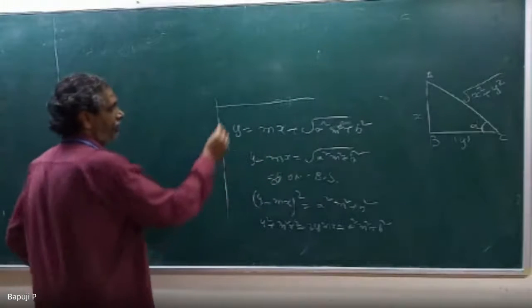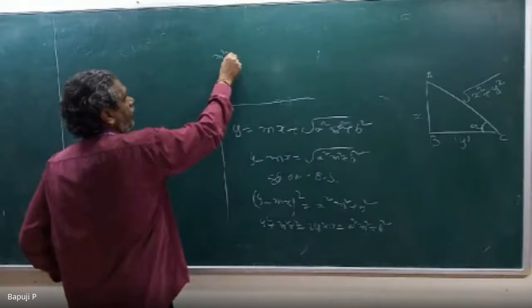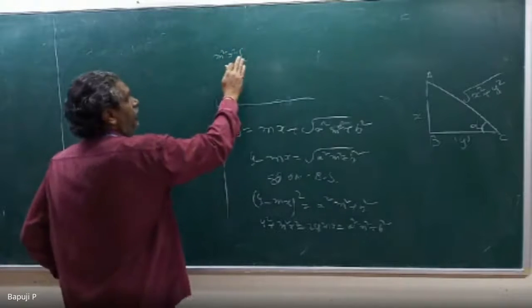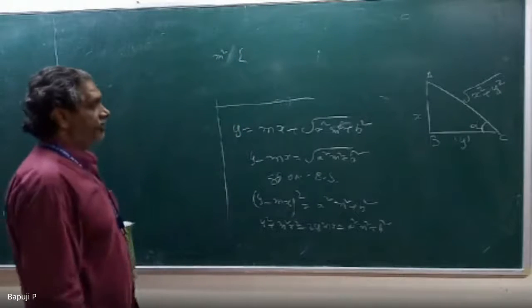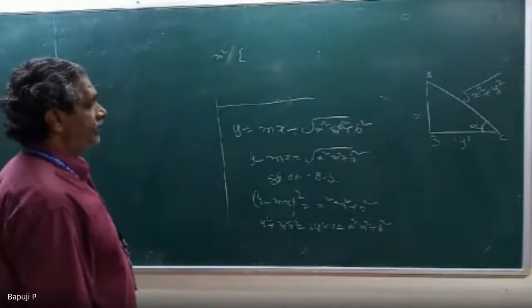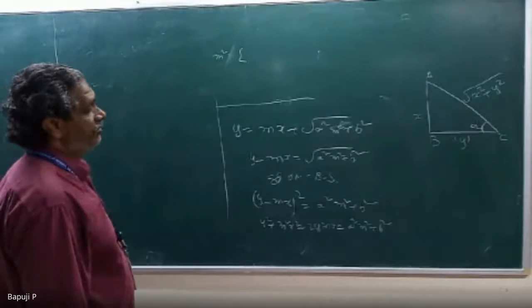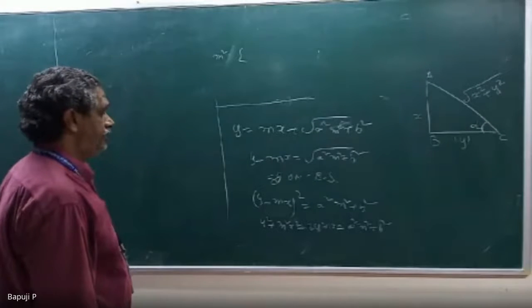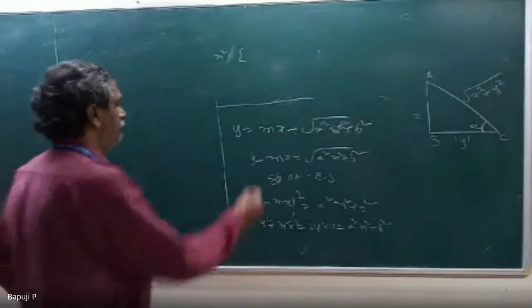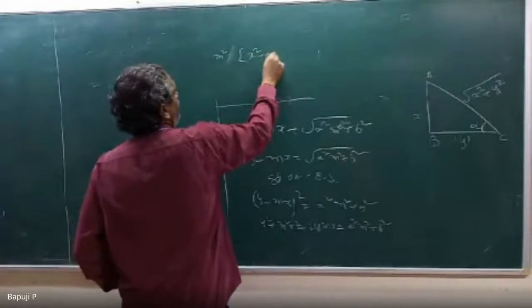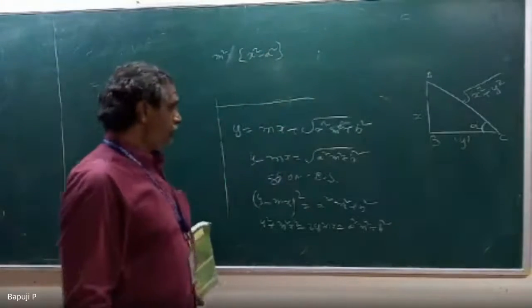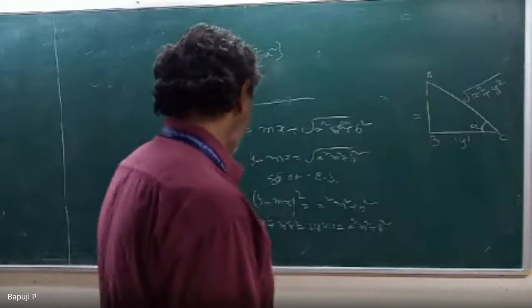If I bring everything to this side and take m² common, what will you get? Tell me. Can I get x² − a²? Say yes or no. Where will you get a 1? x² − a². Then how many m terms are there?